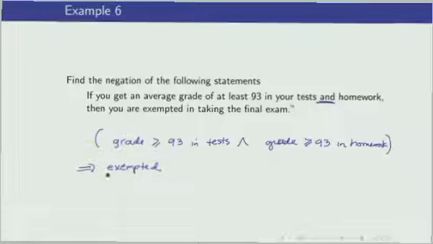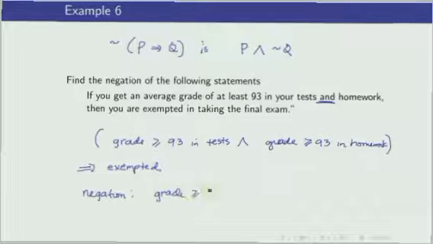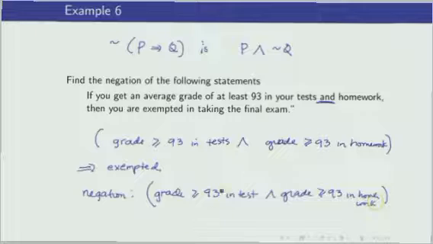What is now the negation of this statement? Let us recall that the negation of an implication is: copy the premise, change implication to and, and then negate the conclusion. So therefore, copy this one. We have the conjunction and then negate the conclusion: you are not exempted in taking the final exam.